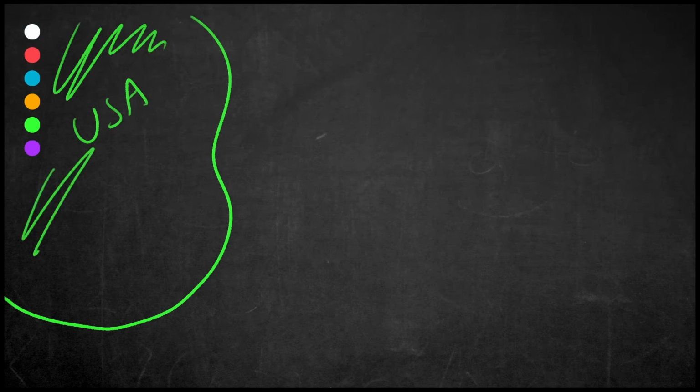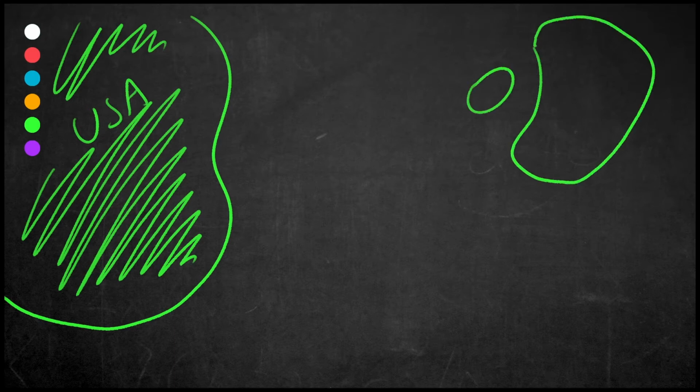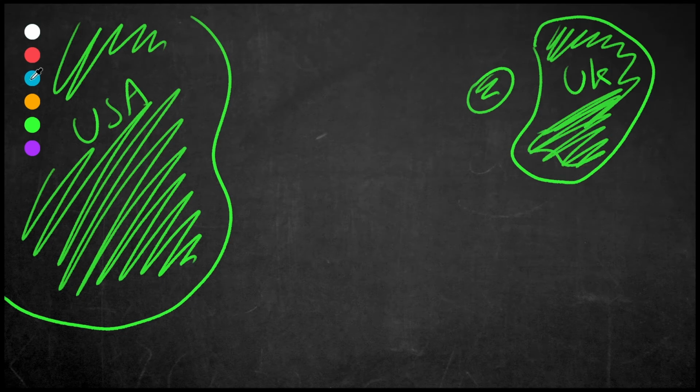Here we have the United States of America, excuse my poor drawing, and across the Atlantic, let's say we have the United Kingdom. Now, say a US firm wants to raise money through issuing bonds. They can do this normally within the US, but what if they want to issue this bond in another country, say the UK? Why would they do that?